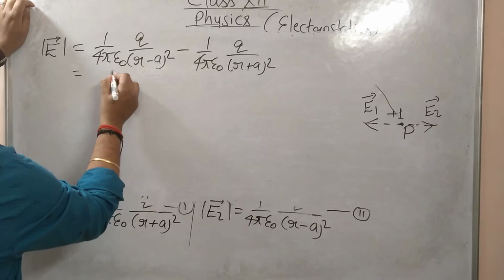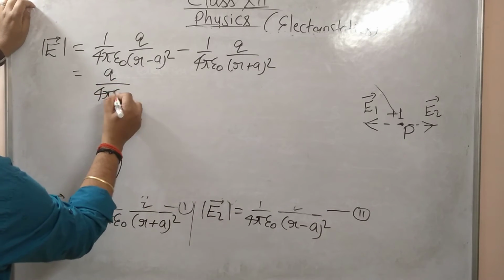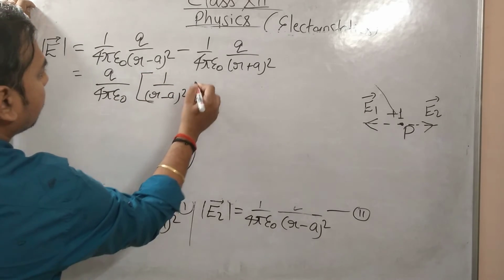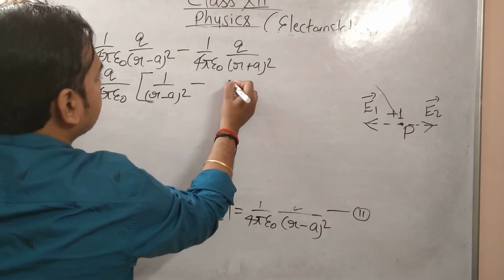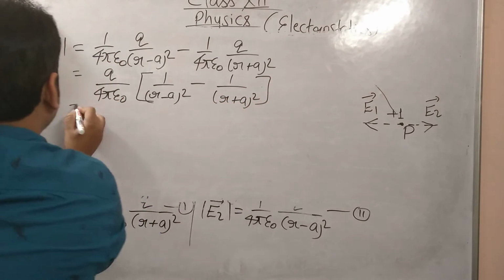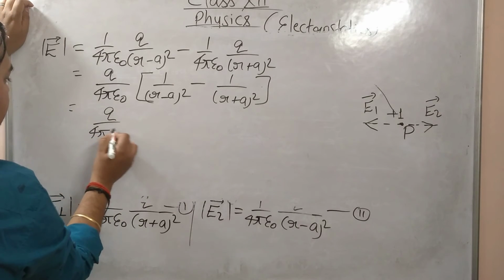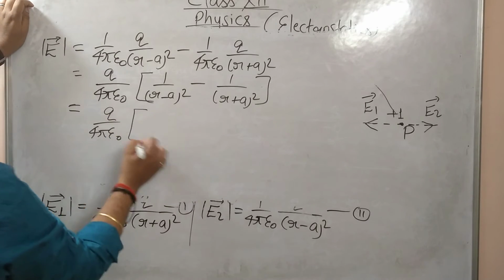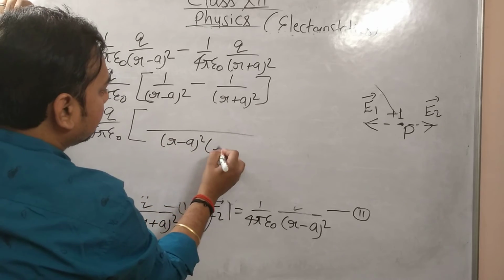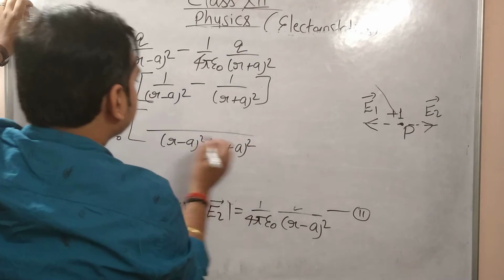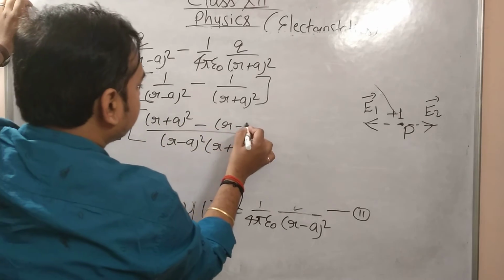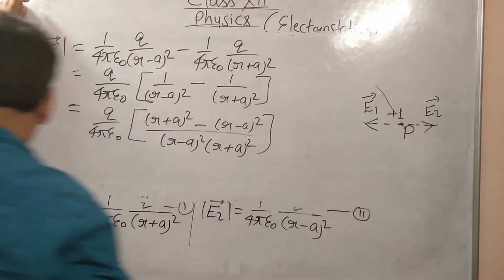By taking common, q by 4 pi epsilon naught, 1 by R minus a whole square minus 1 by R plus a whole square. Now the next step, by taking LCM, R minus a whole square times R plus a whole square, here it is R plus a whole square minus R minus a whole square.